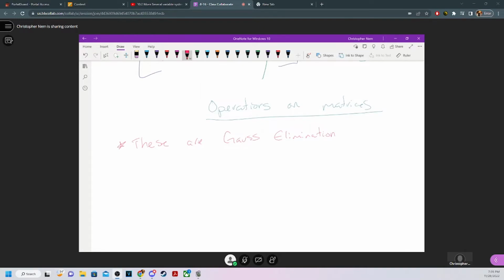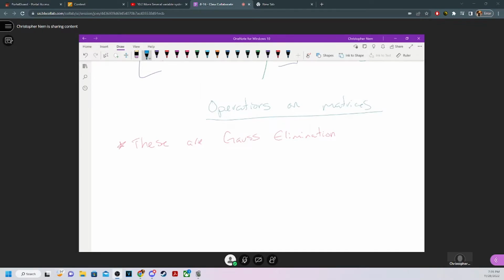We can add a scalar multiple of one row to another, and I can scale a row by a non-zero constant. Those are my 3 rules. Well, they are the same with operations on matrices.